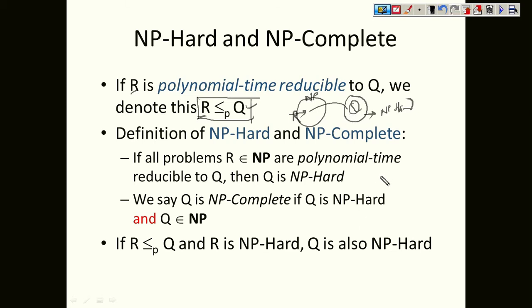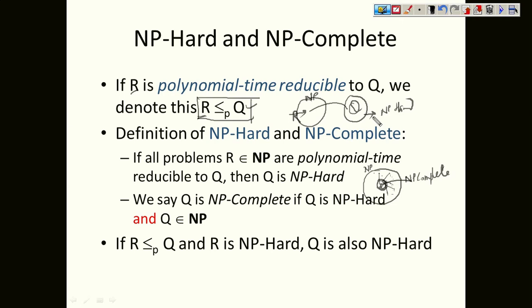But consider a scenario where this is the problem set NP, representing non-deterministic polynomial time problems, and we are able to reduce all these problems to one problem which is still in the set NP. Then this is said to be NP complete.